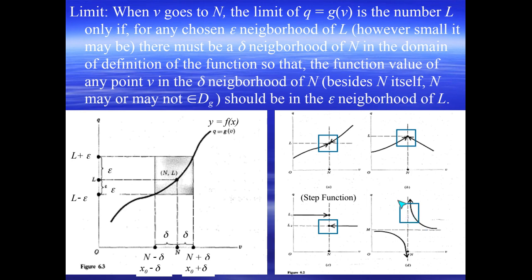So I cannot always find a delta for any epsilon they give me, such that the images of the x's between n minus delta and n plus delta remain within L minus epsilon and L plus epsilon. So one part of the function remains outside the quadratic frame, so there is no limit here either.